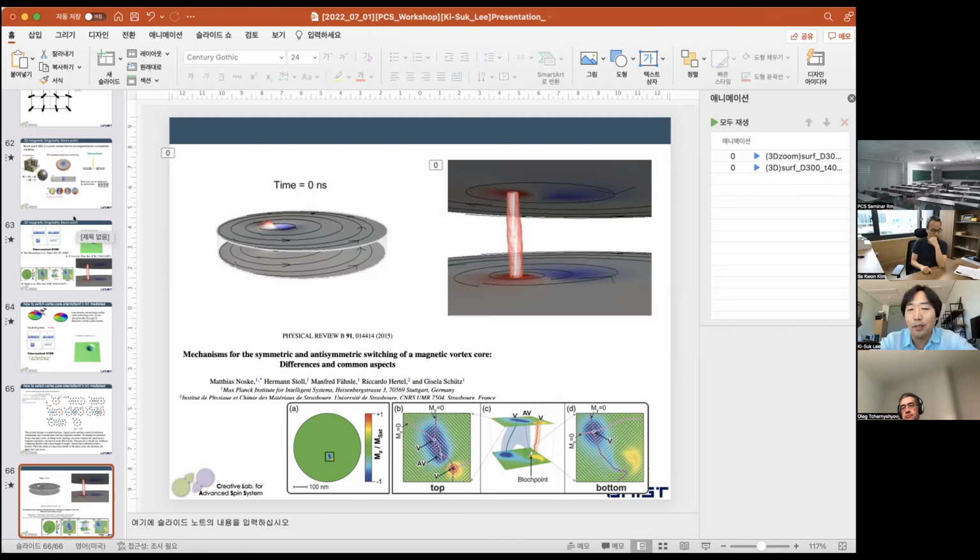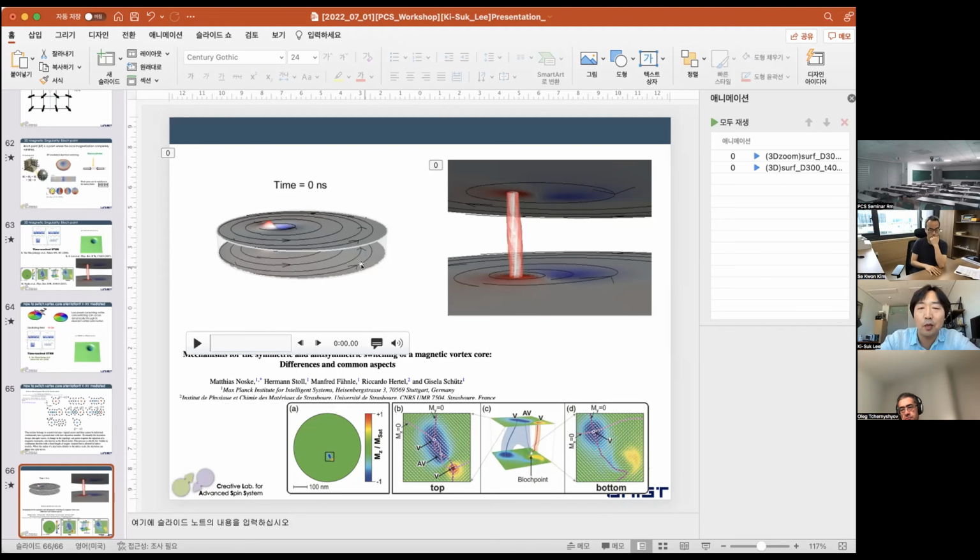That's right. It's a good point. We think that if we consider the topological charges correctly for this kind of 3D system, we have to integrate over the whole surface.